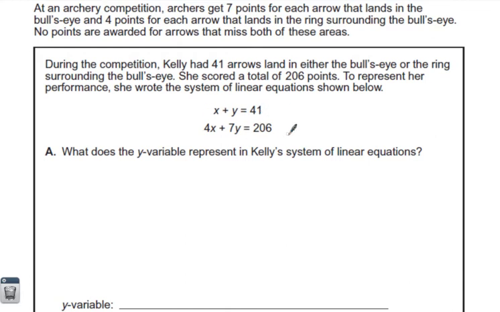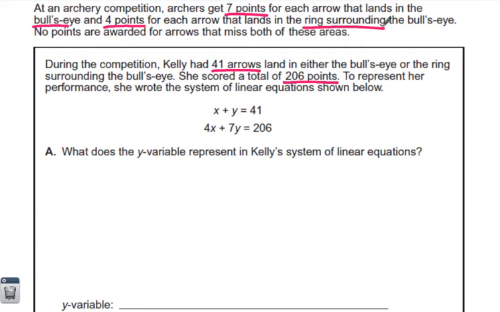Now remember, 41 was the total number of arrows, 206 total number of points, 7 points for every arrow that lands in the bullseye, and 4 points for every arrow that landed in the surrounding ring.